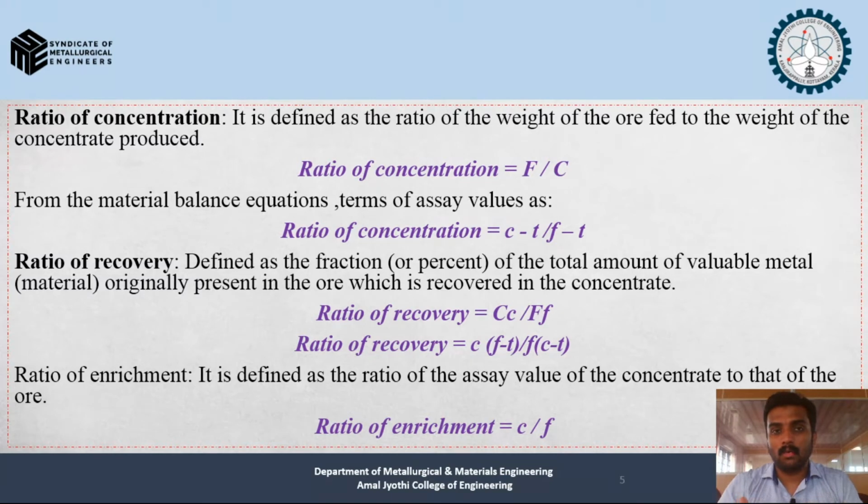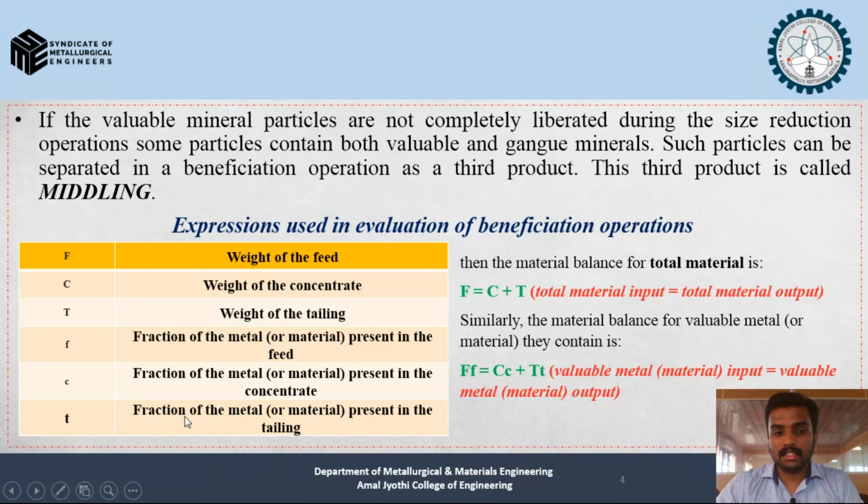What is the ratio of recovery? It's nothing but the ratio of Cc by Ff. So C is the concentrate and F is the feed, and here the feed comes in the denominator and C is in the numerator, and we have its fractions multiplied with both terms, and we have the ratio of recovery, at the same time eliminating the value of T, that is the tailing.